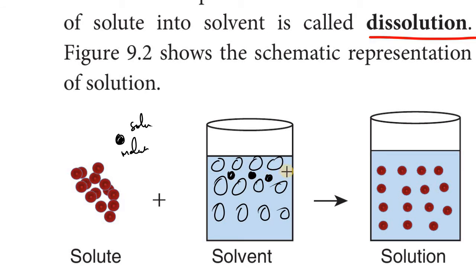You see there is a lot of gap between the water molecules, and the solute particles enter into these gaps, and as a result we get an even distribution of water molecules and solute particles. Okay, so keep this in mind, dear students.